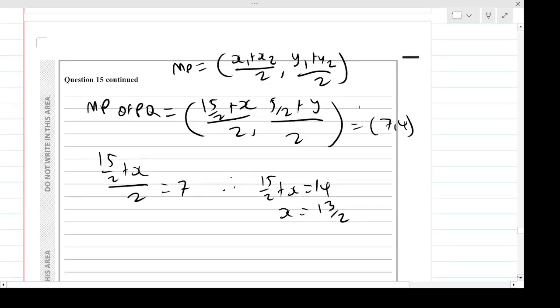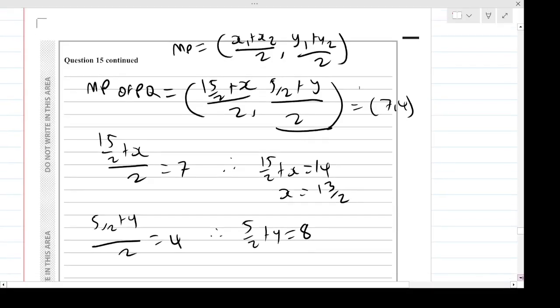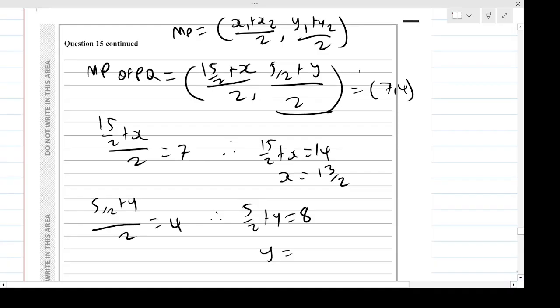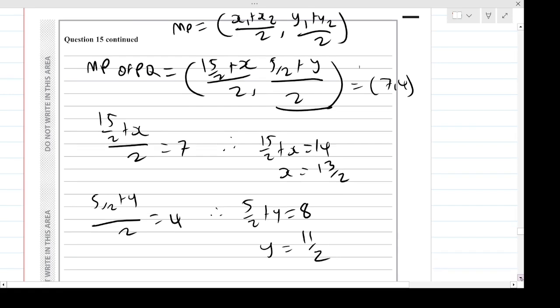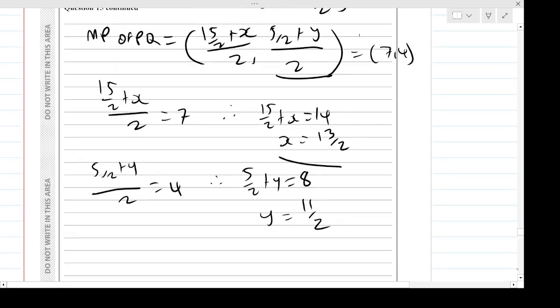Likewise, the y part: 5 over 2 add y over 2 equals 4. Therefore, 5 over 2 add y is 8. If you times by 2, then y is 8 take away 5 over 2, which is 11 over 2. And so there we are. I've got my x and my y coordinate for Q: 13 over 2, 11 over 2.